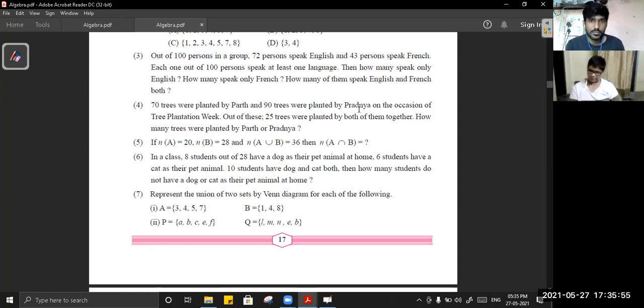So I couldn't find out how to do it. So I did N of A plus N of B minus N of A minus N of B. Is it correct, sir? A intersection B is given in the question. No? See the question on the screen. Out of 100, 25 trees were planted by both. No, sir. In the third question, sir.